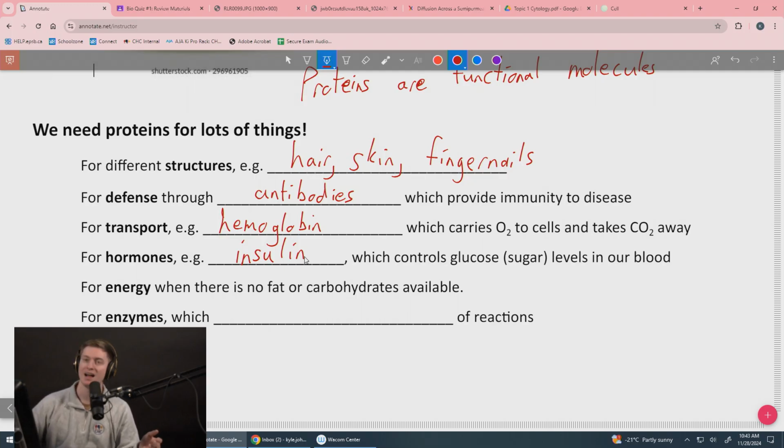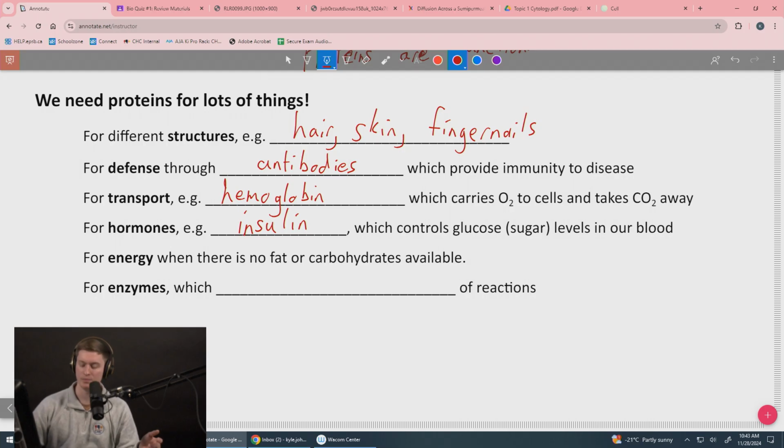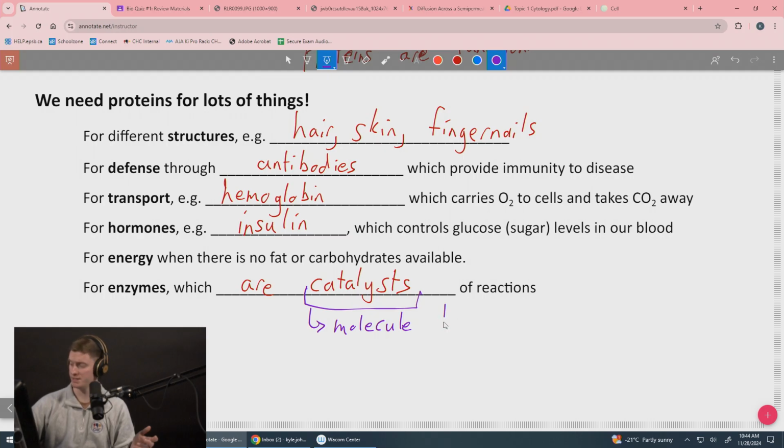Or we have enzymes. Enzymes are a type of molecule called a catalyst, which are catalysts for chemical reactions. You'll learn a lot more about enzymes if you take Biology 20. But this word here, catalyst, it's a chemistry term. It is a molecule, or it could be a substance. It could be several molecules.